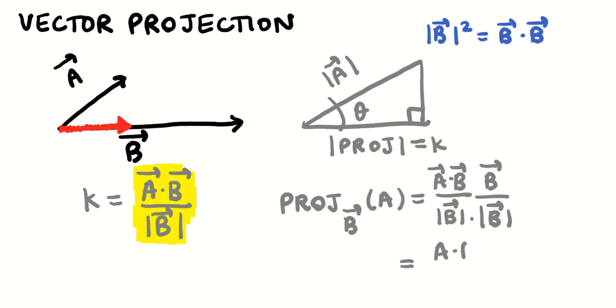It's A dotted with B divided by B dotted with B, multiplied by vector B.